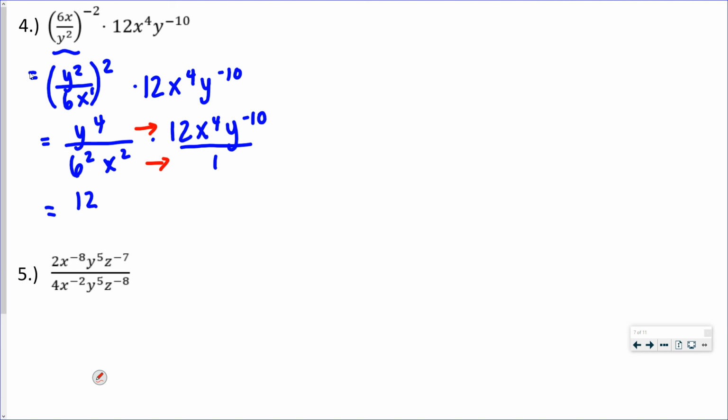I'm like, okay, I have that x to the 4th. And then I do see I have a couple y's that are being multiplied together. So what operation would I do with their powers? Add. 4 plus negative 10 is negative 6. Okay, everybody go with that? Downstairs, I have 36 times 1 and I just have x squared.